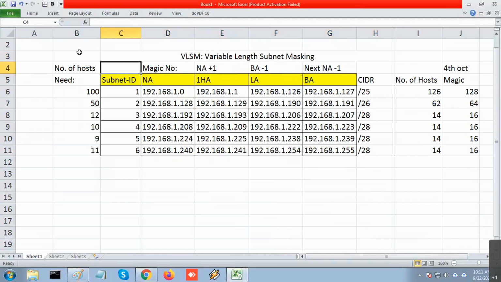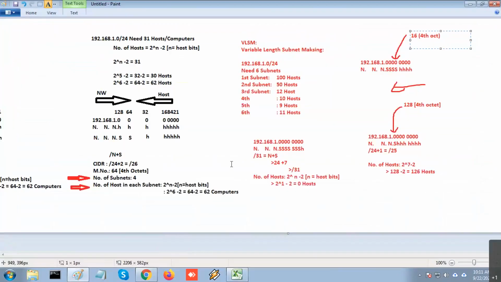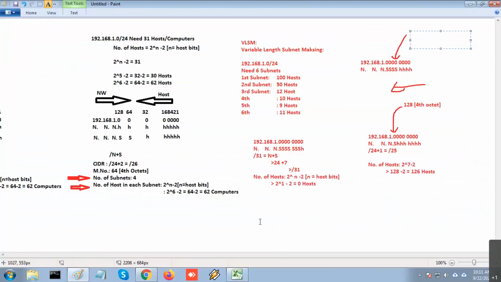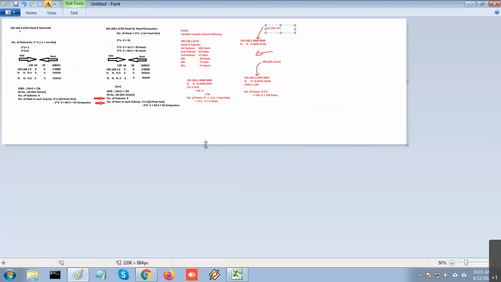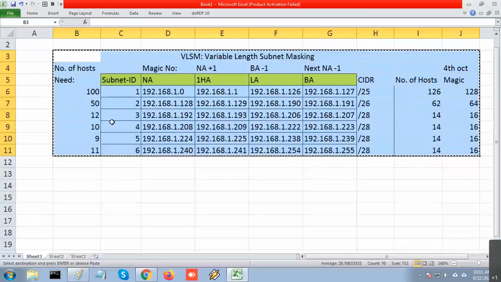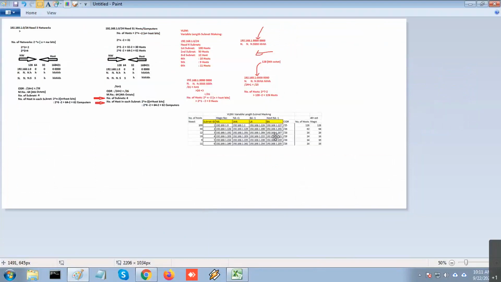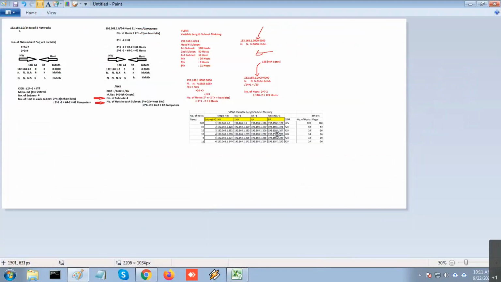Then for class B and class A, the formula will be the same. The only difference will be that the number of hosts will keep on increasing. So just try to understand, right?